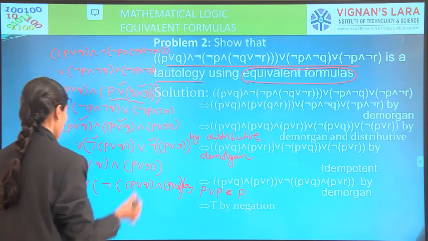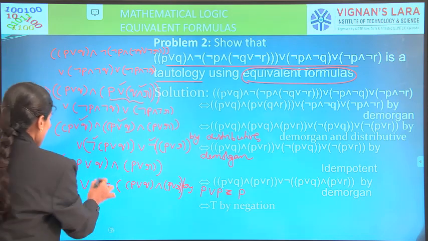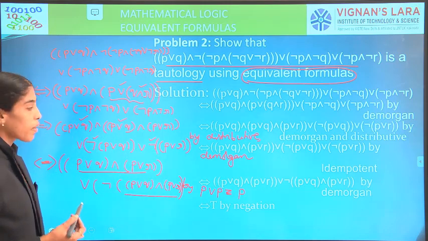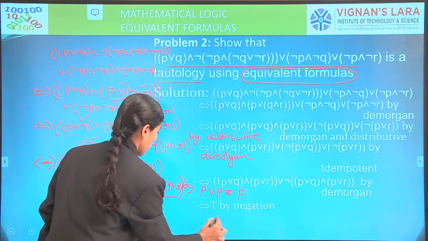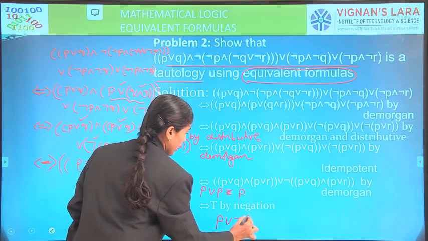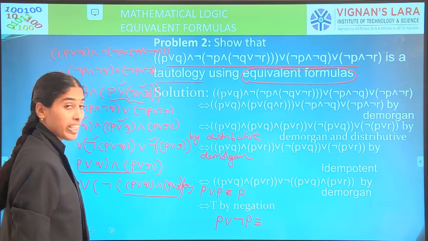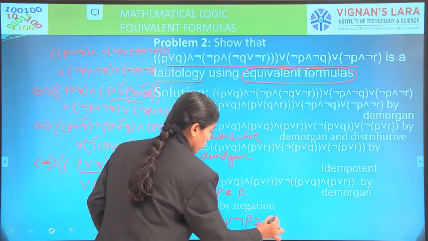PRR. Right. Now, if you see the same term and its negation, it is like P or negation P. P or negation P is the same as true.